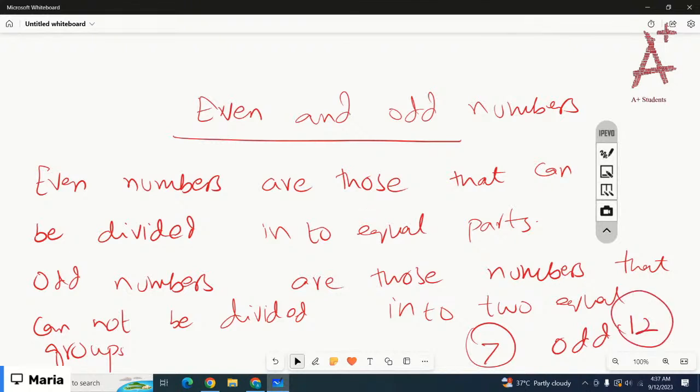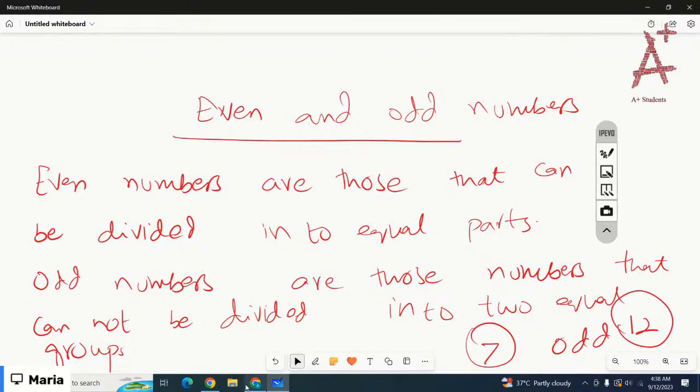Is 12 an even number or odd number? The correct option is that 12 is an even number, right? Because 12 is a multiple of 2.